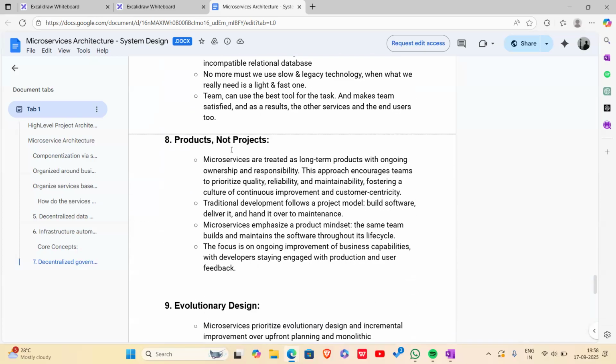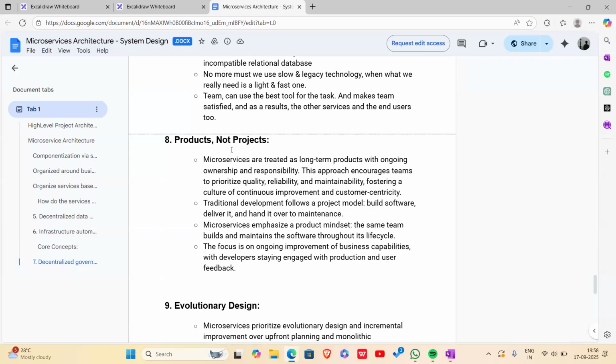Products, not projects, is the eighth attribute. Microservices are treated as long-term products with ongoing ownership and responsibility. This approach encourages teams to prioritize quality, reliability, and maintainability, fostering a culture of continuous improvement and customer centricity.